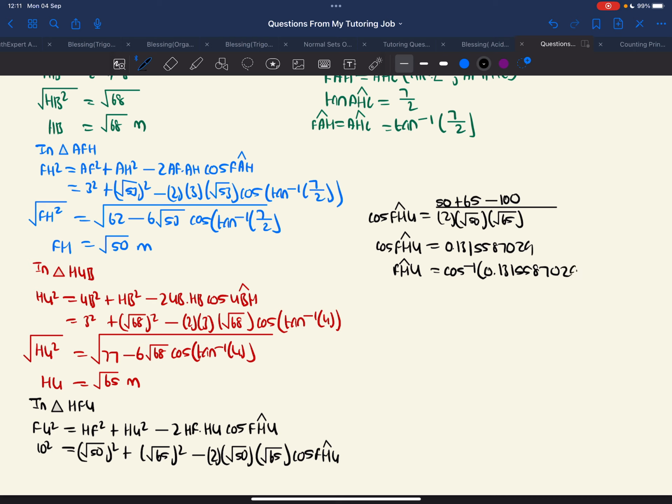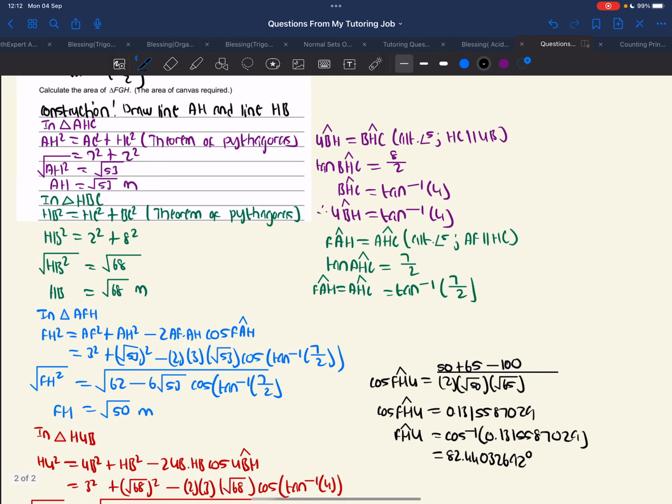Okay, I hope you're going along with me, right? And then basically if you do all of that, shift of cos 0.131558729, and I get 82.440326692 degrees.